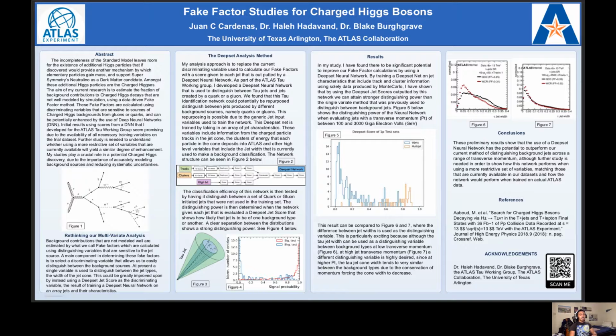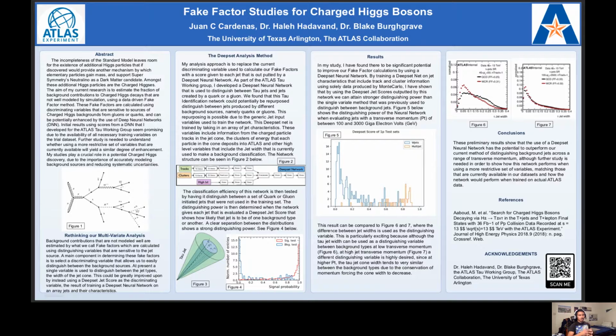So during my time in the Atlas Tau working group, I developed a deep set neural network that was used to distinguish between tau jets and background jets. But our group found that this network could be repurposed to instead tell the difference between our two types of background jet processes, multi-jet and W-jet.